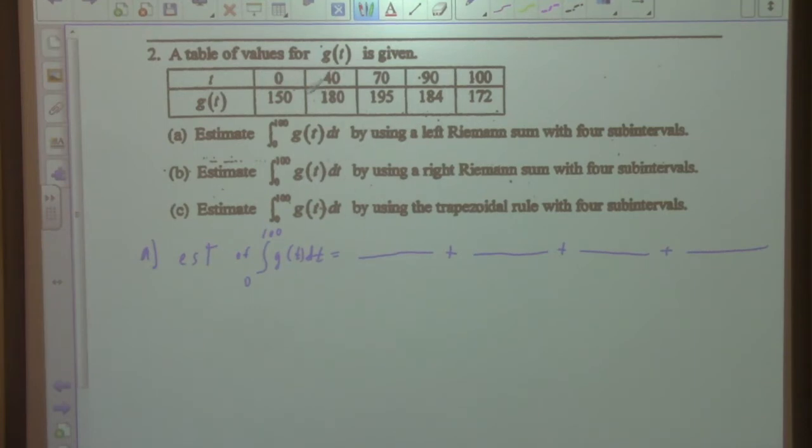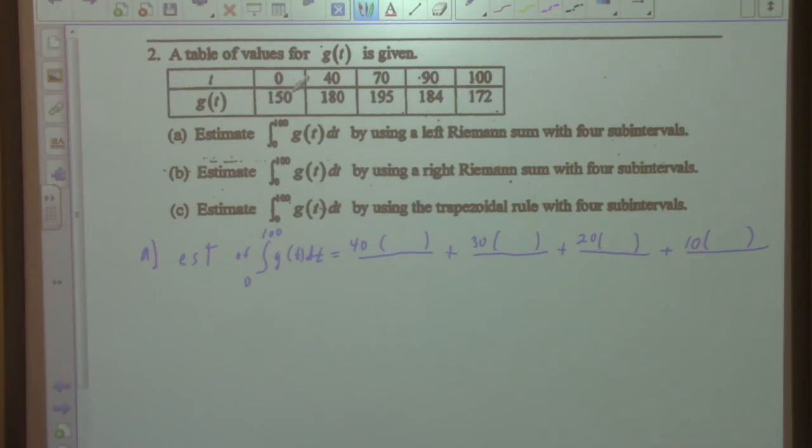First of all, I want to look at the width of the rectangle. So the first one looks like 40. This next one here looks like 30. This one here looks like 20. And this one here is 10. Is that what you got for that one? Mm-hmm. And then really we just have to pick the correct one here.